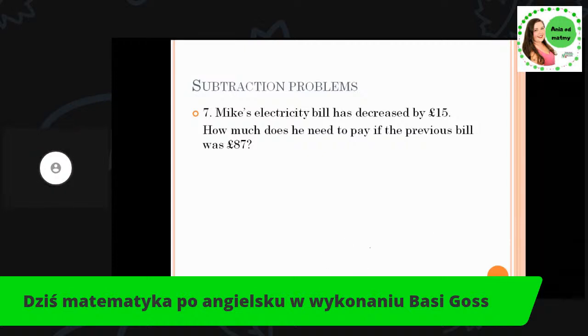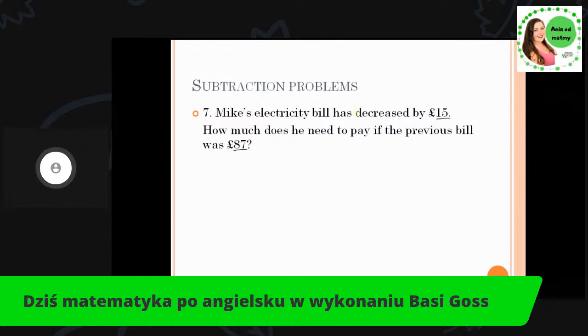Previous means the last one. So what numbers do we have in this question that we can work with? We have 15 and we also have 87. And which word in this problem is suggesting that we need to use subtraction? So minus.